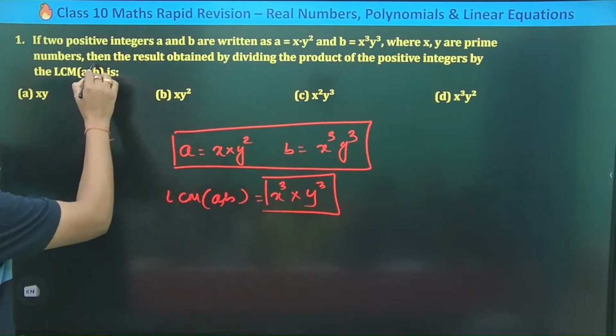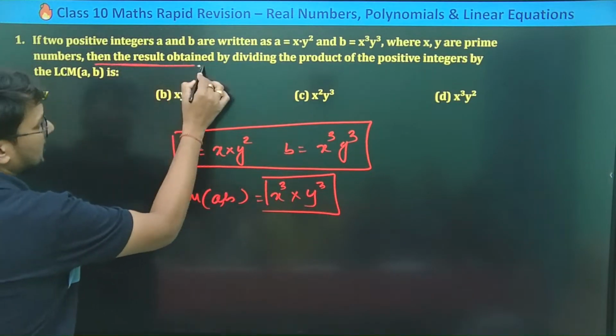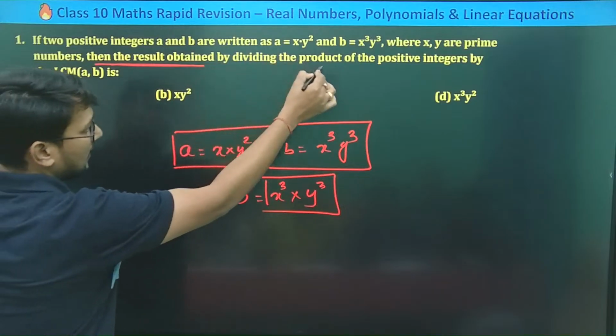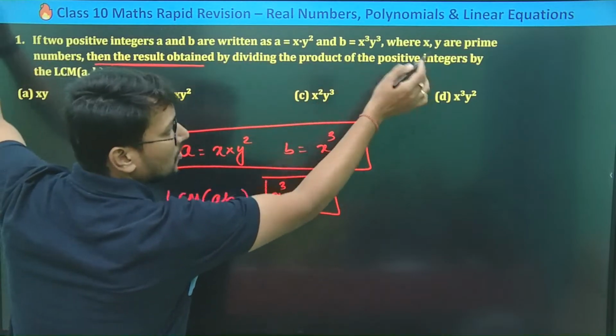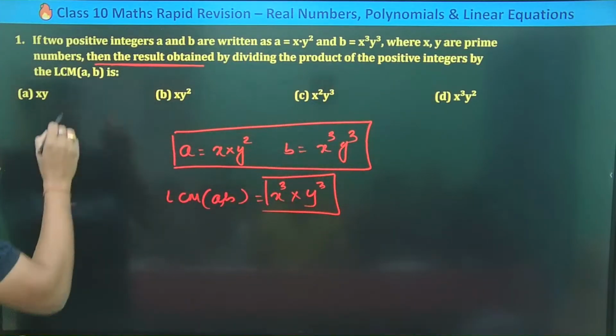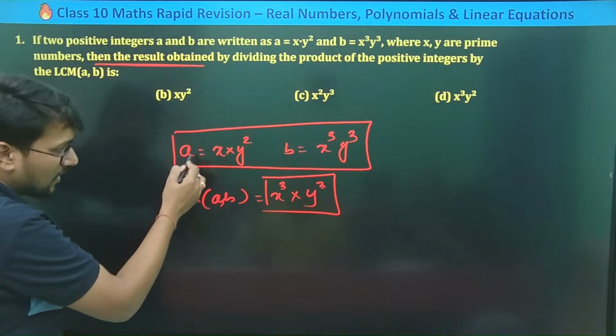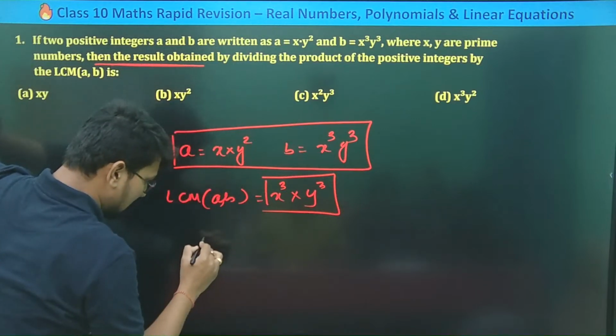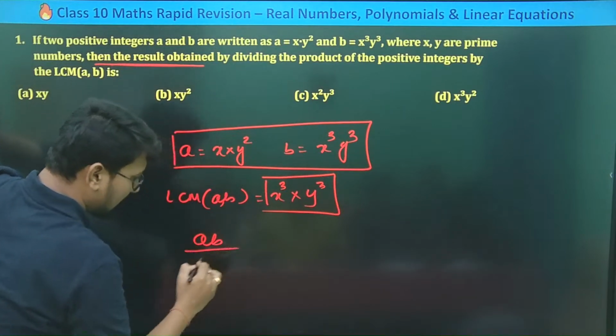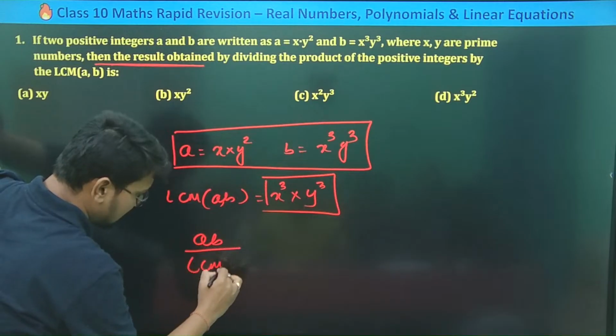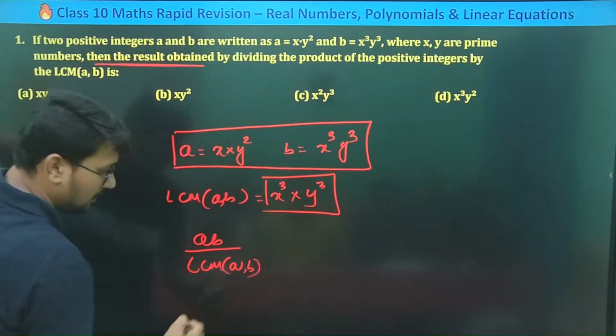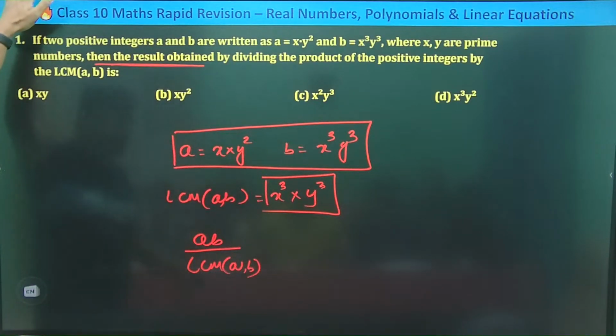But question क्या पूछा? The result obtained by dividing the product of the positive integers by the LCM. The positive integers are A and B. So the question is asking to find AB divided by the LCM of A and B. AB क्या है?